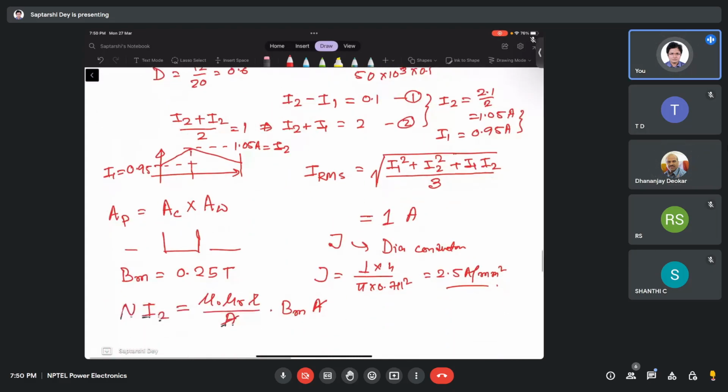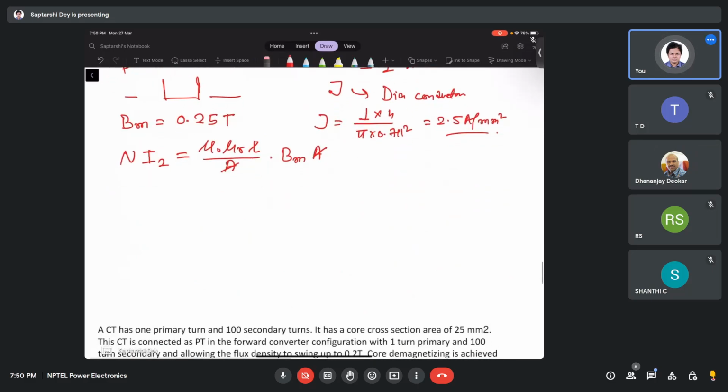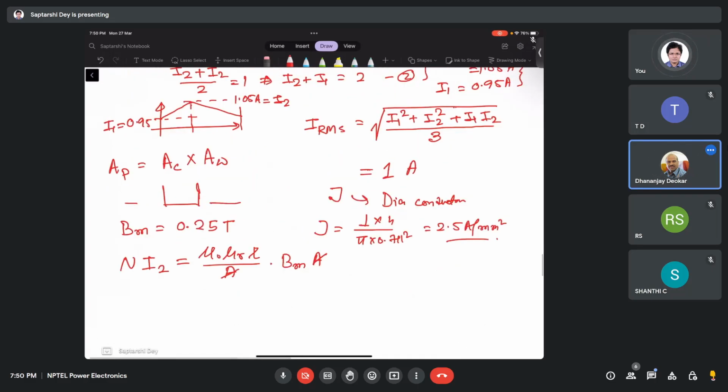Okay, let us take some number of turns n, and see if we can find out the area product. So, if you have number of turns n, and then this is Bm. Bm we know. Derive the flux. So Bm into AC will give the flux.